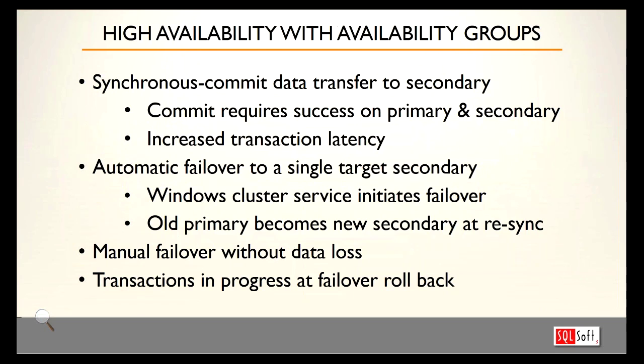So high availability and disaster recovery, the two aspects of business continuity that we're talking about. What is high availability with regard to availability groups? Well, this stream of data that we're writing from the primary replica to the secondaries, in this case, is a synchronous write.